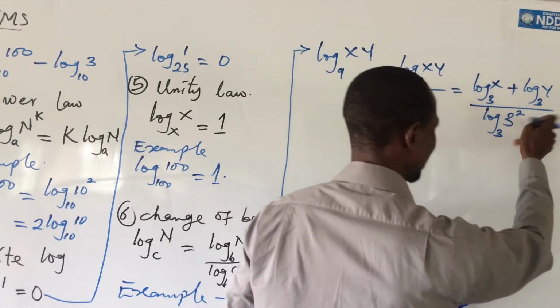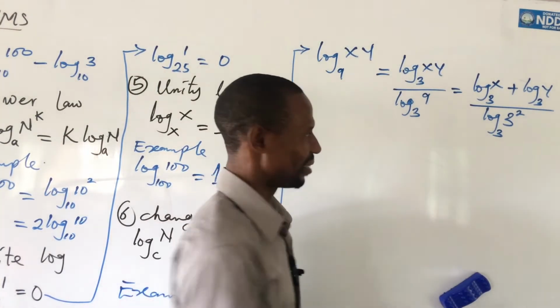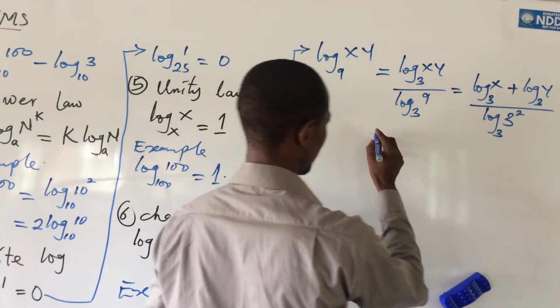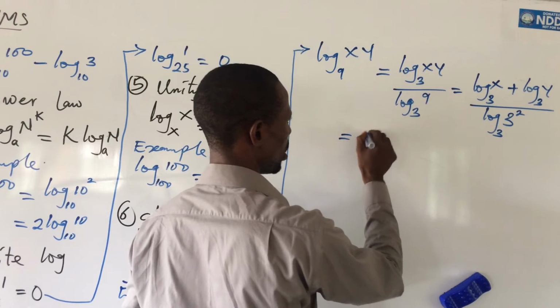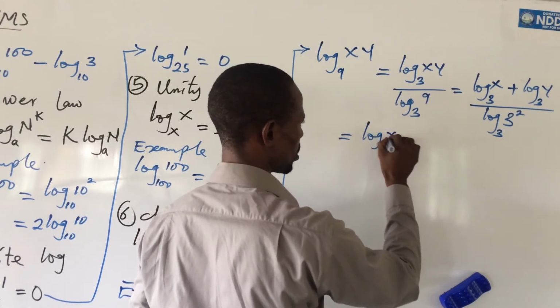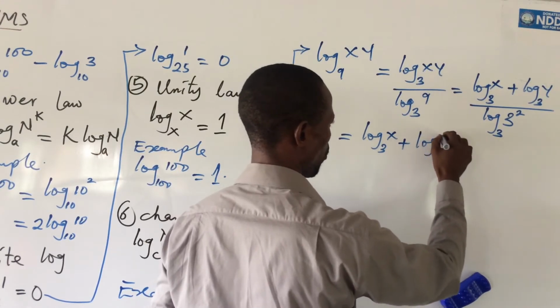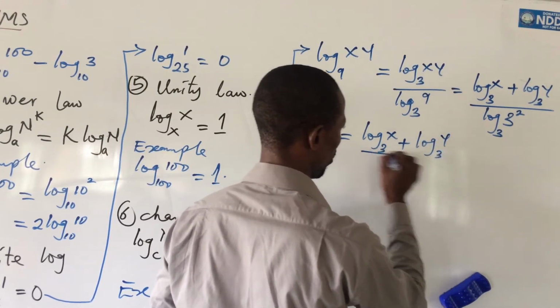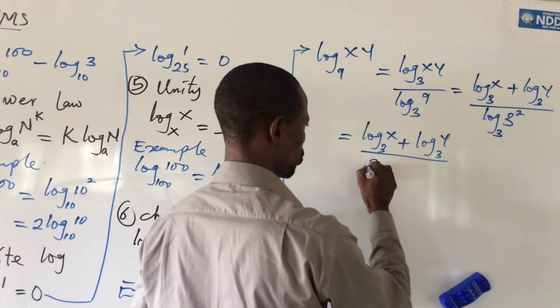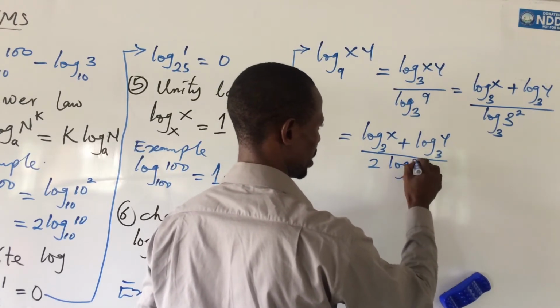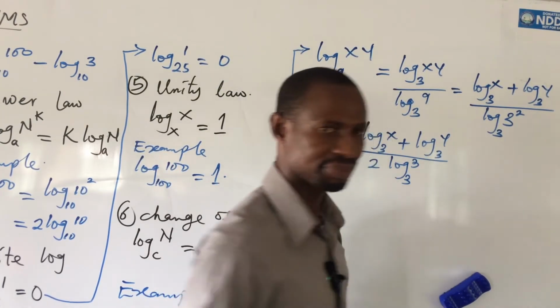According to the power law again, if we bring this back, this will give us log x to the base 3 plus log y to base 3, all over 2 log 3 base 3.